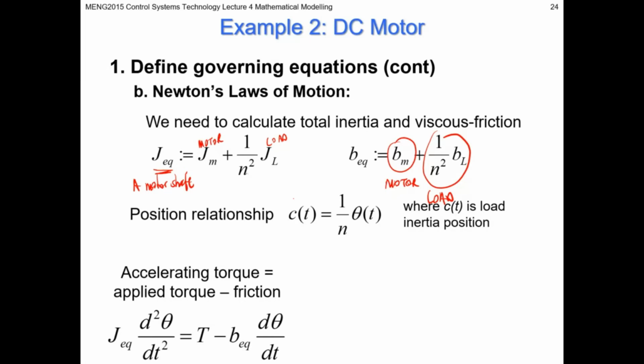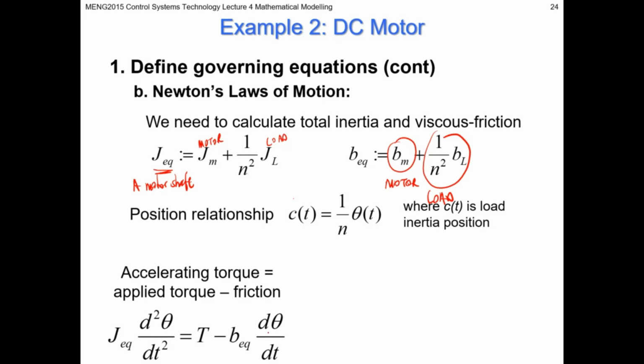So now we can get an expression based on Newton's laws. We're just applying Newton's laws, F equals ma, but in the rotational dimension. So force is torque, mass is inertia, and displacement is now rotational displacement. So this is our inertia times rotational acceleration, and it is going to be equal to our torque.